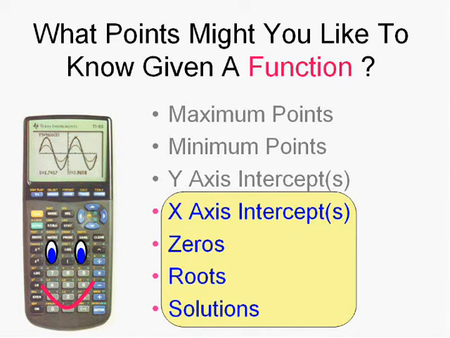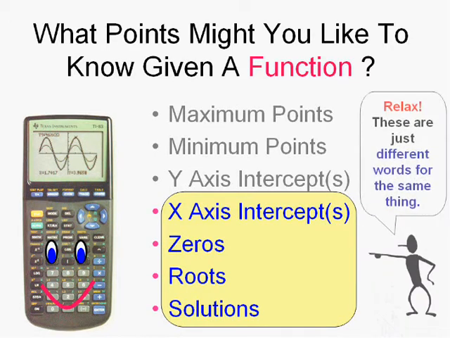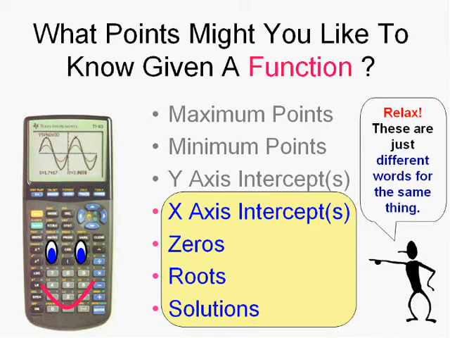What you need to know is all four of these things mean the same thing. The x-axis intercepts, the zeros, the roots, these are all the polynomial function's solutions. They're going to be of great use to you. But note that they are called the zeros, because that's where the function equals 0. It's where y equals 0.